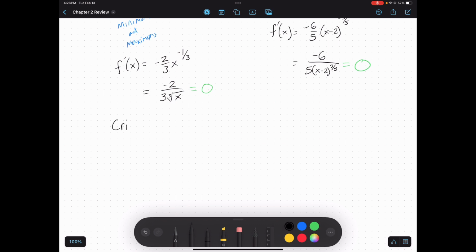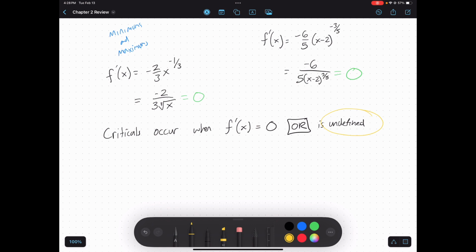Critical points occur when the derivative is equal to 0 or is undefined. So that's the big idea that I wanted to make sure and talk about with these two problems.